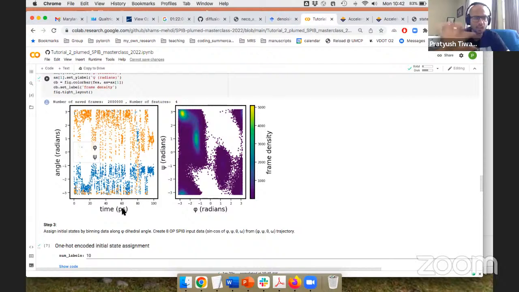So if you know nothing about the system and all you have is, let's say, a 100 nanosecond trajectory, I would recommend, if you know something about a physical order parameter, then go with it, use it. Whatever you have, you should use it. But if you don't know absolutely anything, then you take this 100 nanosecond trajectory and bin it into 1 nanosecond state 1, 1 to 2 state 2, and things like that.